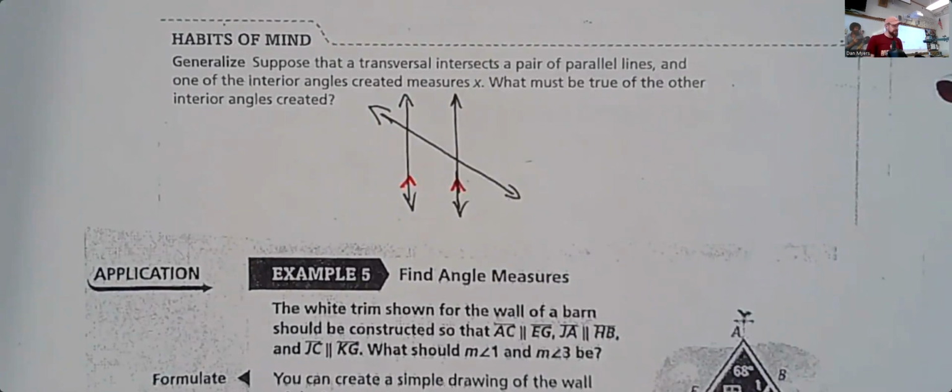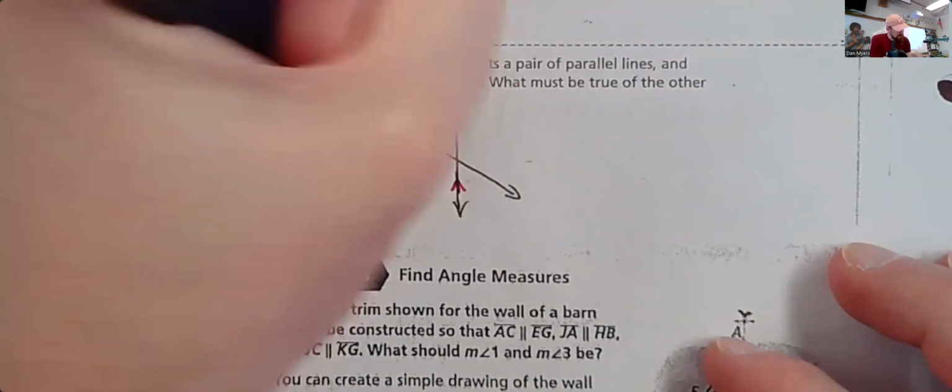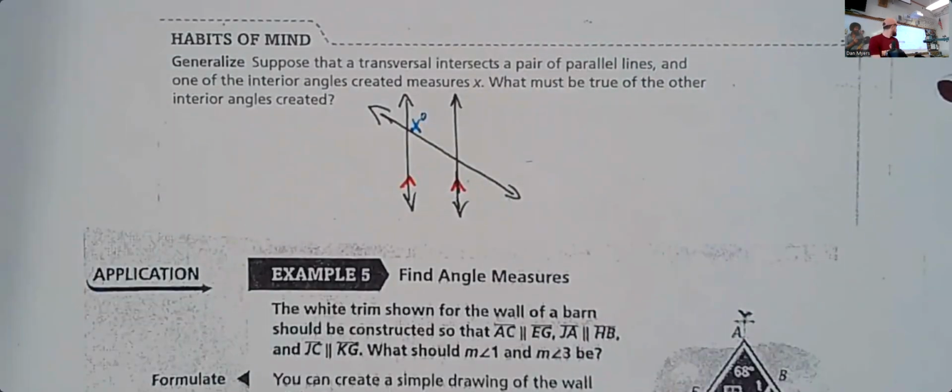The interior angles are going to be the ones that are in between. So like one of them has a measure of x. So let's just say that one's x degrees right there. If this one is x, is there another one in there that is also x?